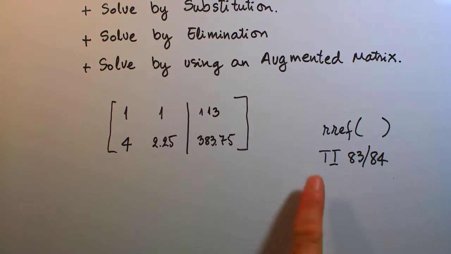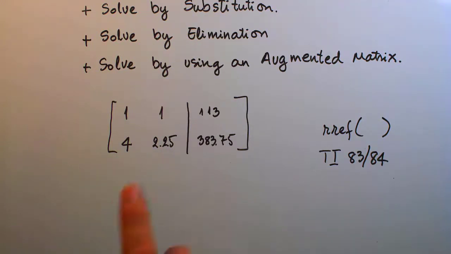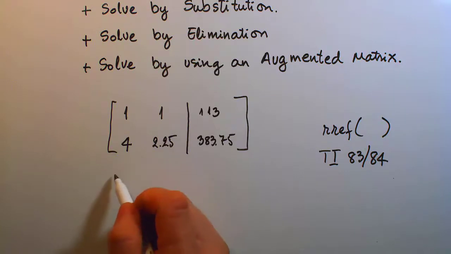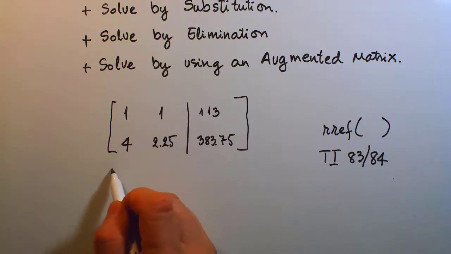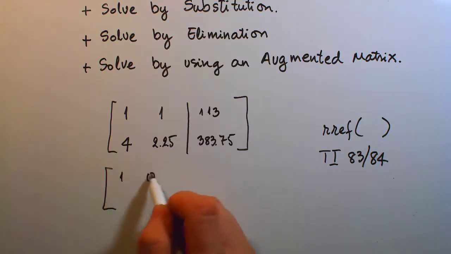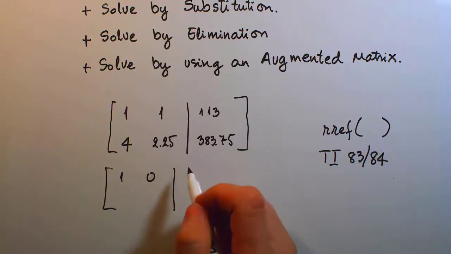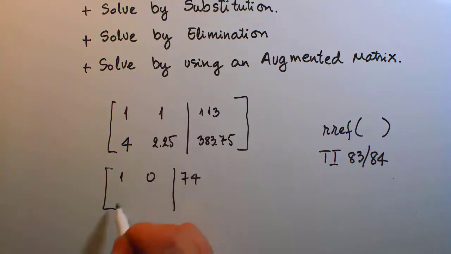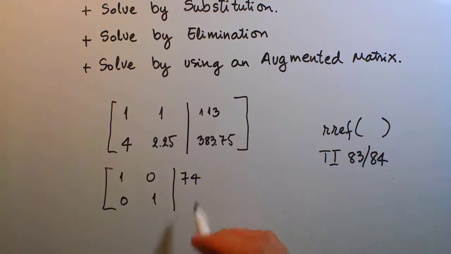The RREF command reduced this augmented matrix into the following matrix: 1, 0, 74, 0, 1, 39.